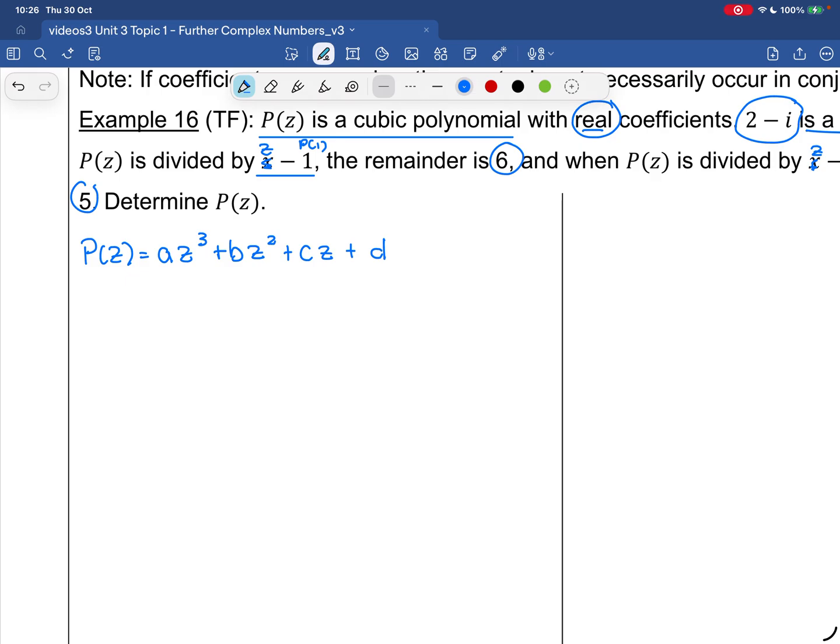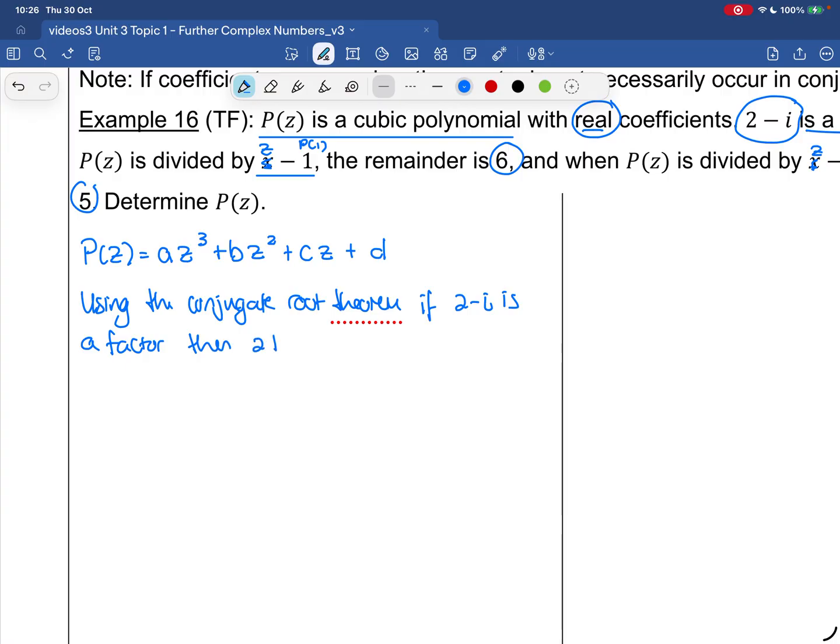Okay, so using our conjugate root theorem, I've been told if 2 minus I is a factor, well then 2 plus I is also a factor.